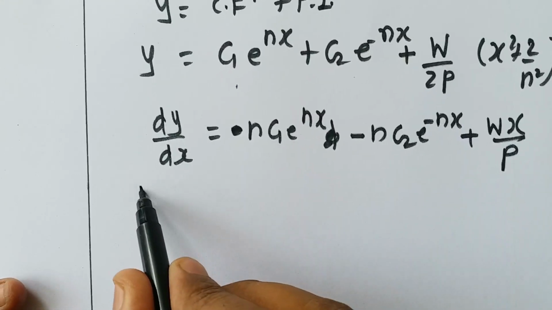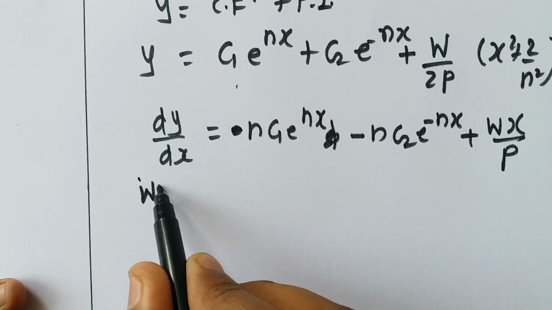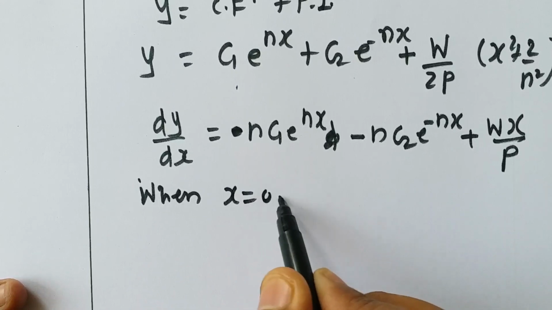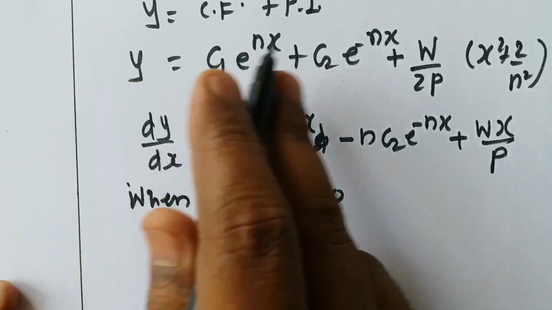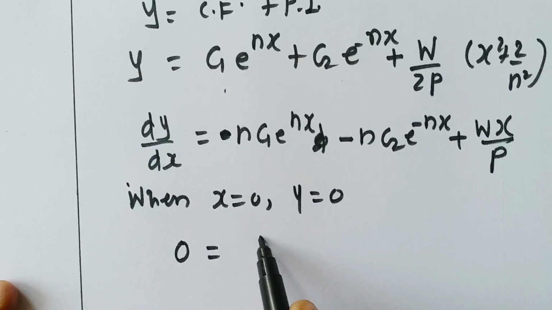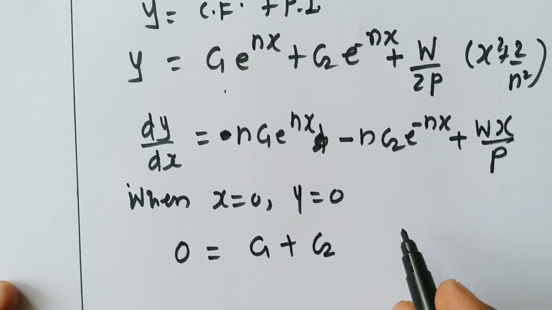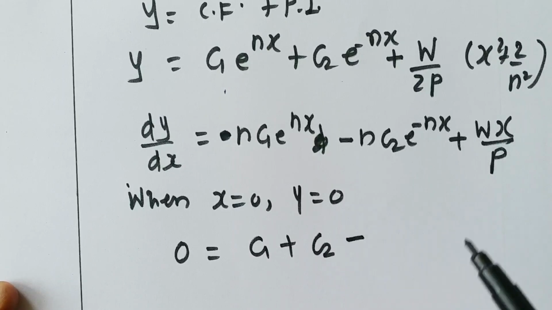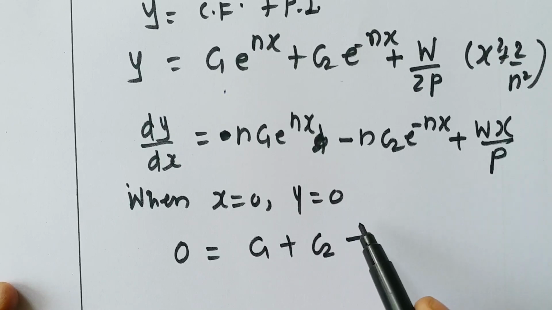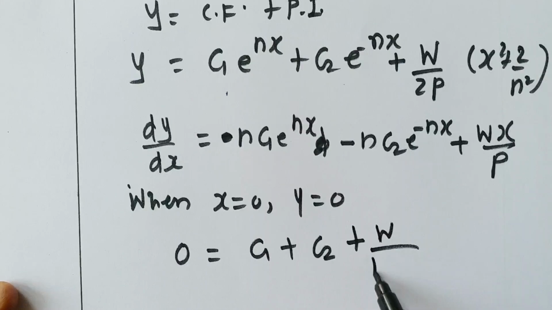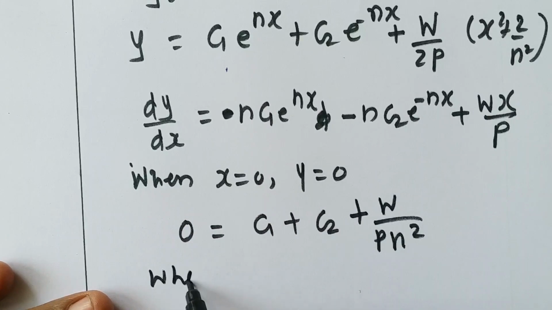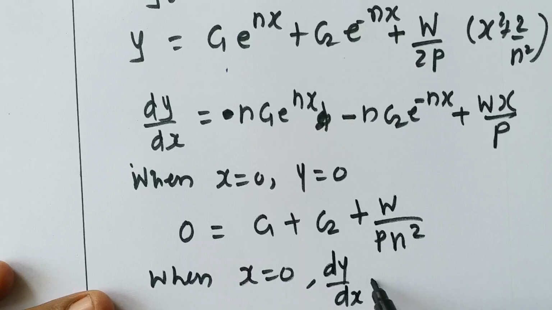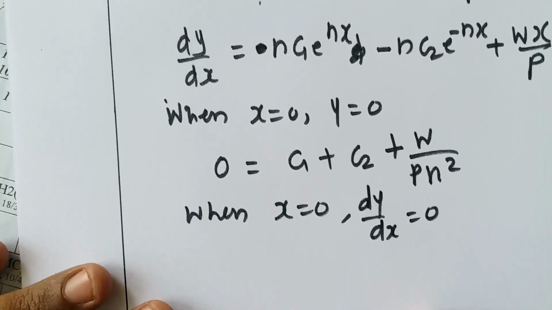Now use the first condition. When x equal to 0, y equal to 0. So if you put x equal to 0 and y equal to 0, we'll get 0 equal to c1 plus c2, and plus 2 will get cancelled, w by p n square. So this will be one equation. And when x equal to 0, dy by dx is also 0. This is the second condition. Now put it in the second equation.